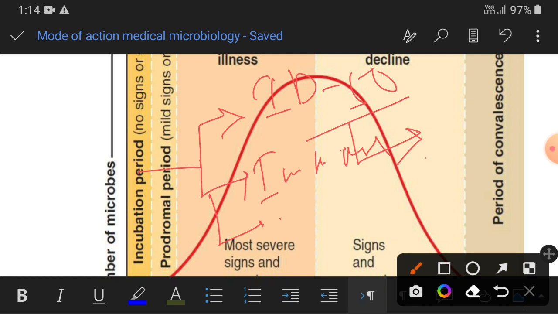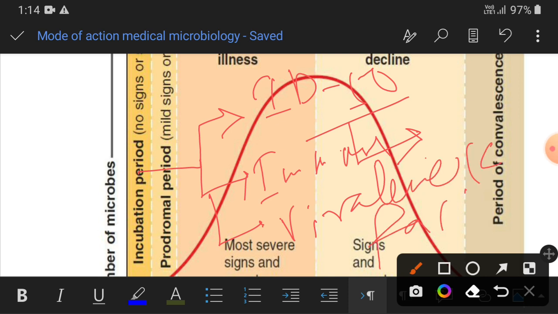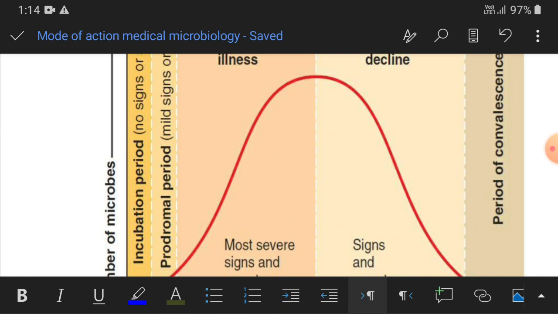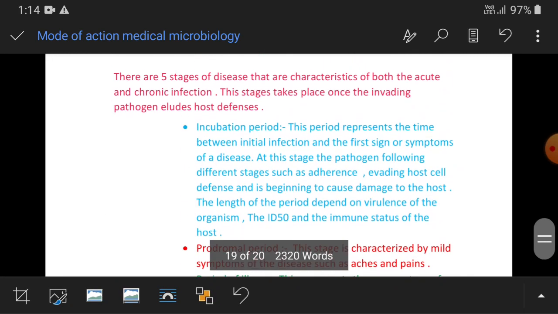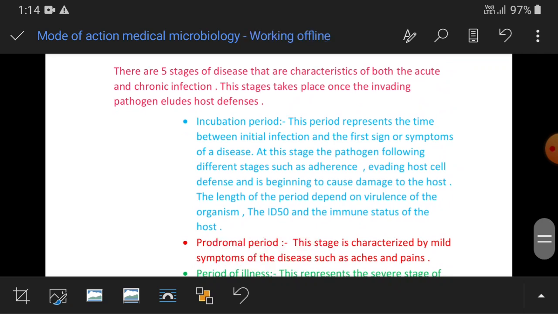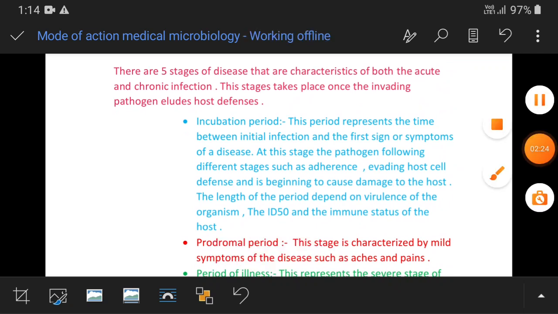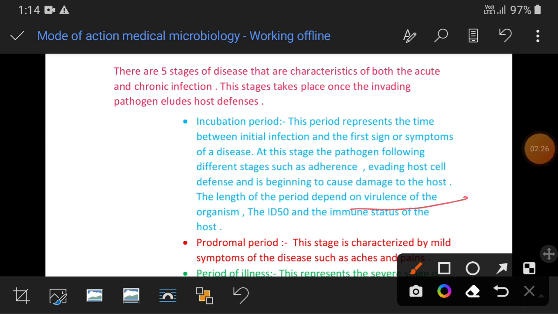If the host is immunocompromised, then the incubation period will be shorter, and if not, then bacteria take some time to evade the host. The third is the virulence factor, which means the quantity of the pathogen and what kind of things they have to cause the infection. So the 3 factors are virulence of the organism, the ID50, and the immune status of the host.